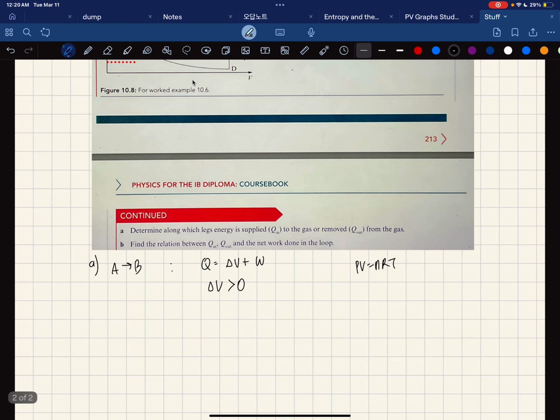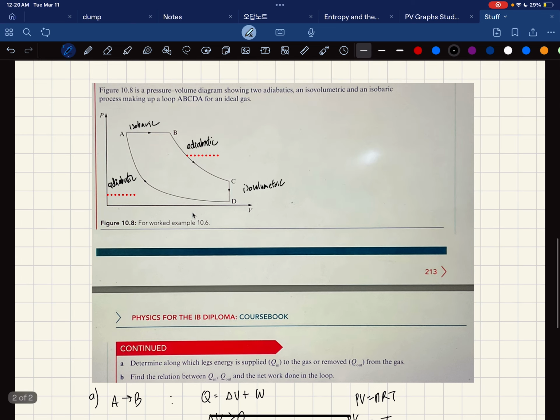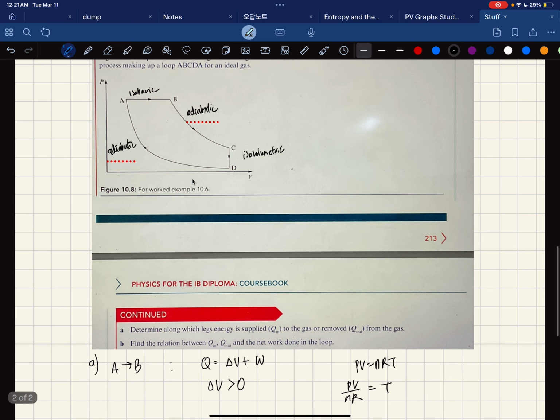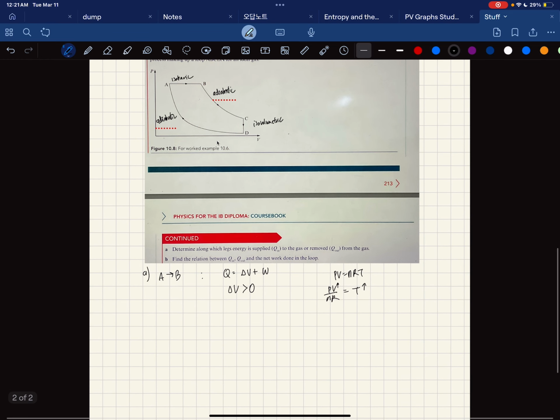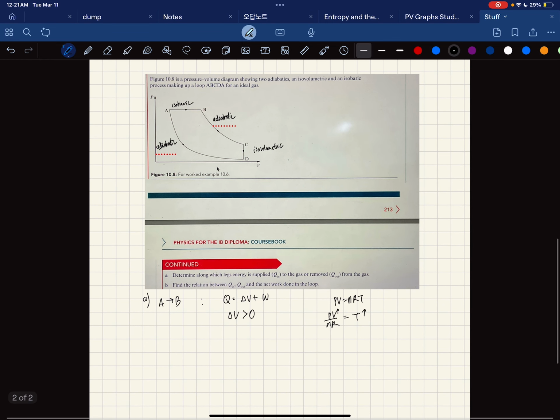And we can write this as T is PV divided by nR. And we can see that from A to B, P has remained the same, but V has increased. Everything else remains the same, which means that T has also increased. And when temperature increases, that means internal energy has increased.